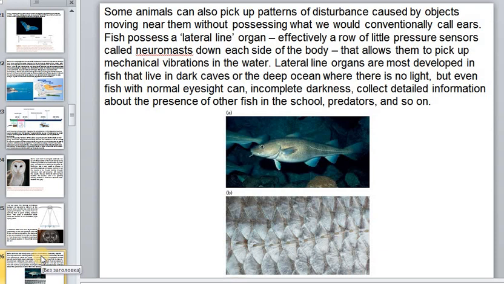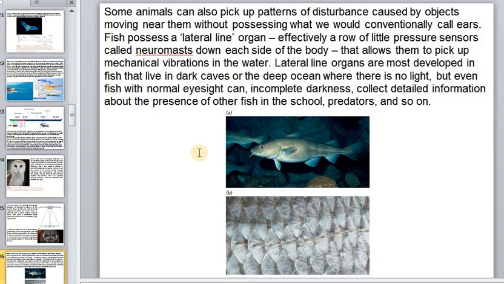Fishes, for example, possess a lateral line. Here we see this lateral line, effectively a row of little pressure sensors called neuromasts down each side of the body that allow them to pick up mechanical vibration in the water.